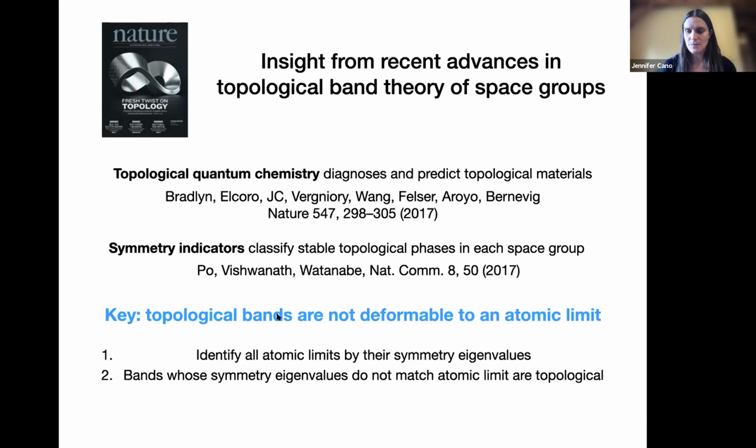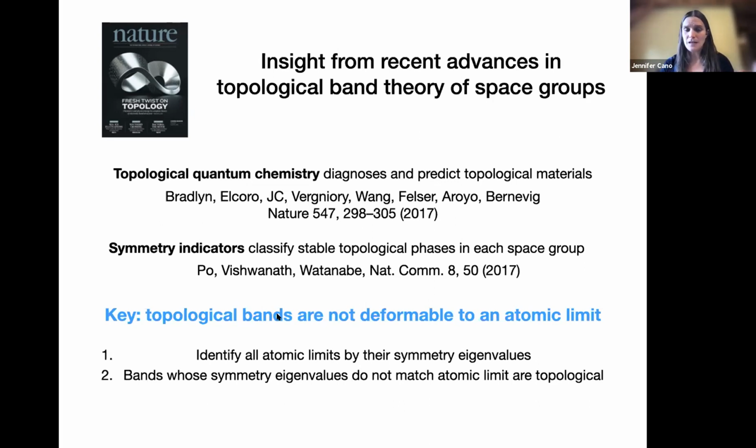Yesterday we talked about this: there are insulators and there are different types of insulators. If we start with an atomic limit, which is all the atoms spread far apart with no hopping at all, then you'll get completely flat bands. Once you start introducing hopping terms, as long as you don't close the bulk gap, those band structures will be topologically equivalent to an atomic limit.